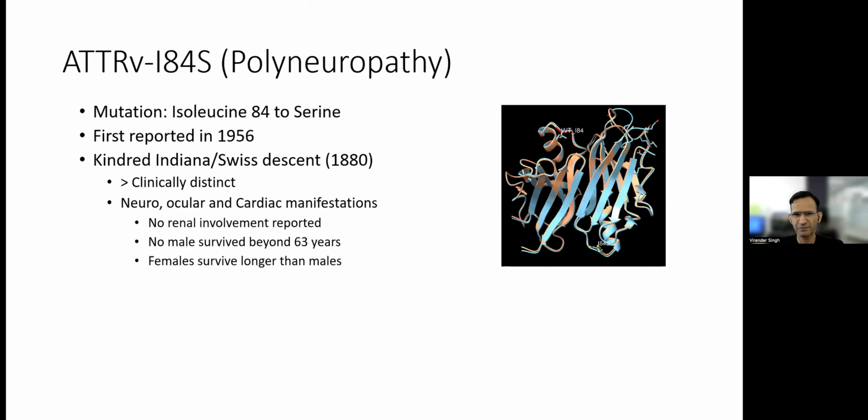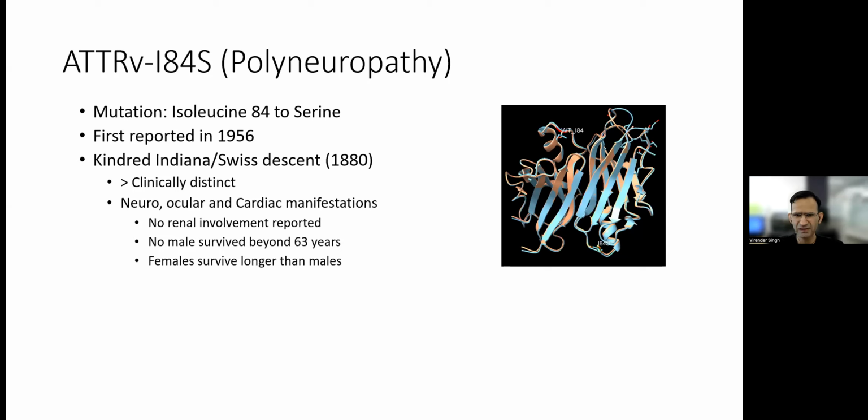It was first reported in 1956. It is one of the first reported cases of transthyretin amyloidosis. It has been mapped to Indiana Swiss descent, where someone from Switzerland moved to Indiana in the 1880s. This is clinically very distinct, with manifestations that are neuroocular and cardiac.